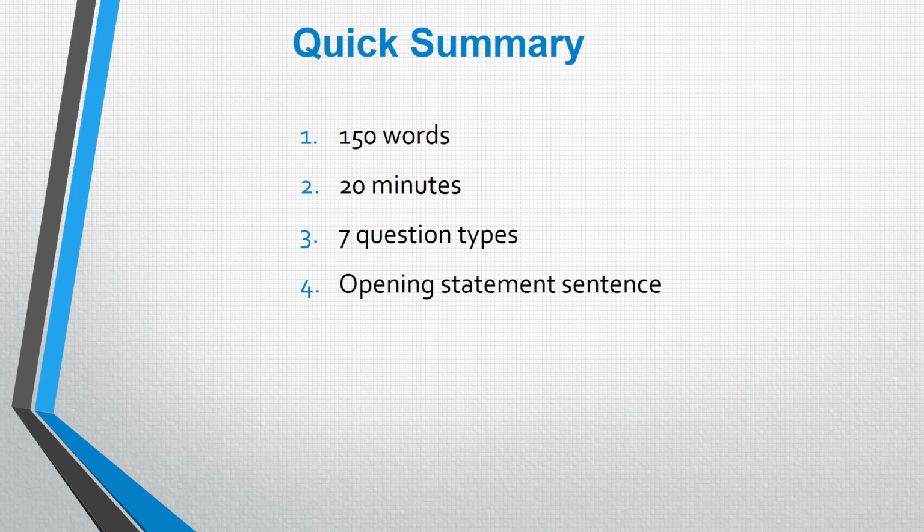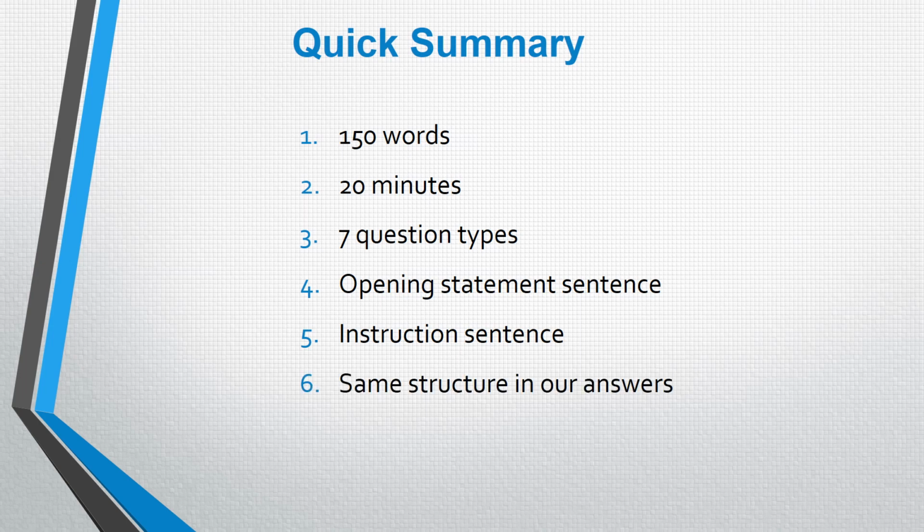This is really important as it shows you what your data is about. There will always be the same instruction sentence, and because of this, we can use the same or similar structures in our answers. So, we've gone through an introduction to IELTS Academic Writing Task 1. Now it's time to look at how we actually do these questions in the next video.